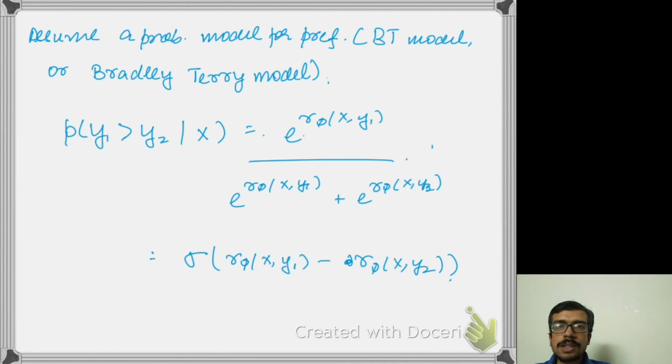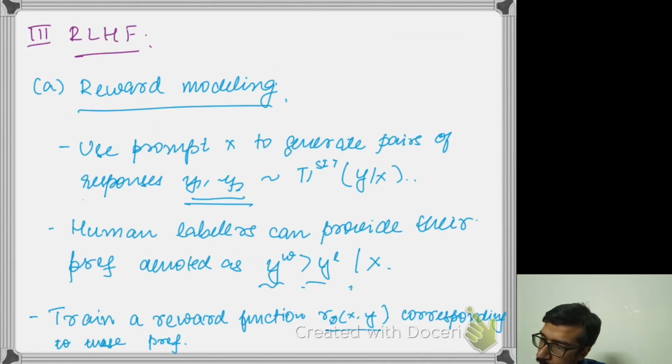So essentially this is for a pair of responses. Now this is the assumption which we are making, right? And these are the data which we have collected, right? So basically you can collect this data for multiple prompts. For each of these prompts, you can generate two responses y1 and y2, and you have human labelers who have annotated these.